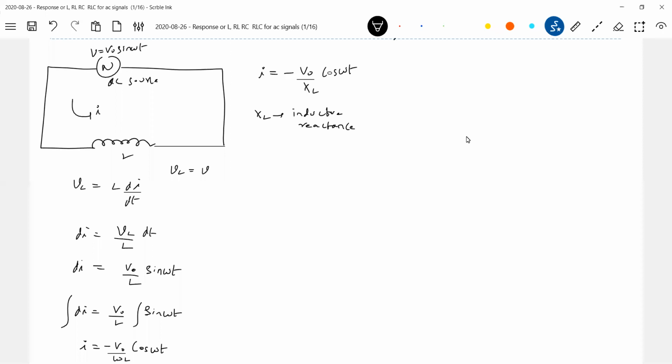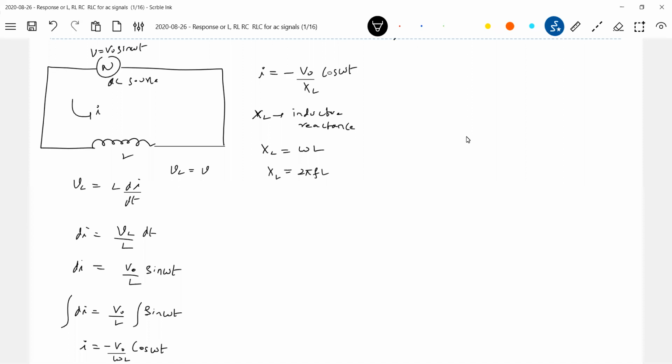So again, from basic Ohm's law, current equals potential difference by resistance. So what is the unit for inductive as well as capacitive reactance? It is ohms. So what is XL? XL equals omega L, and omega, you know, is 2 pi f. Like this, the reactance offered by the circuit depends on frequency.